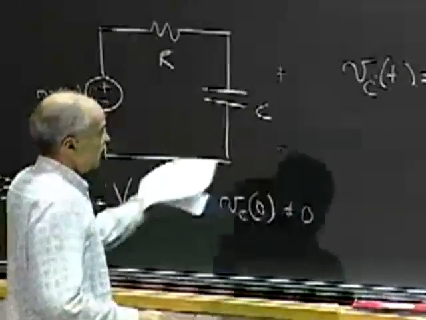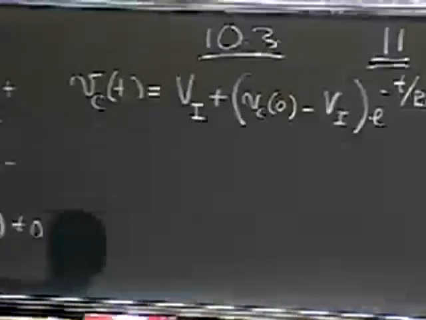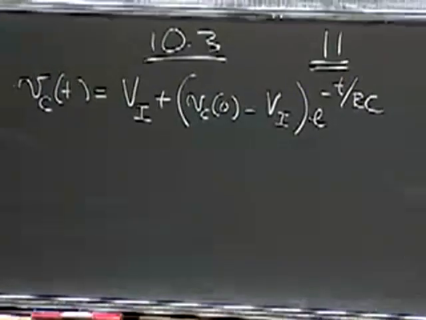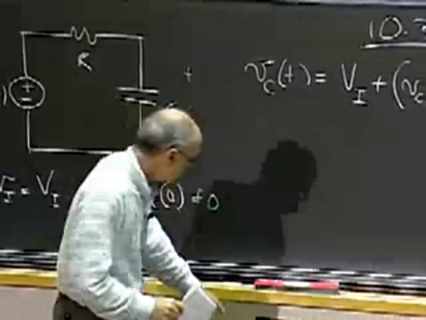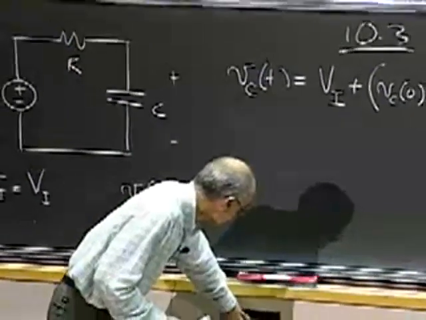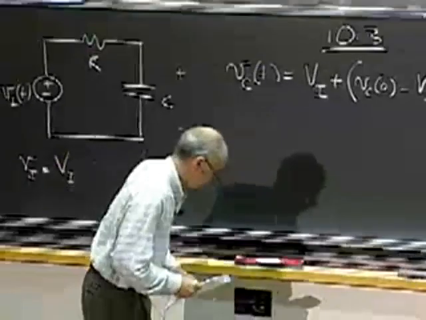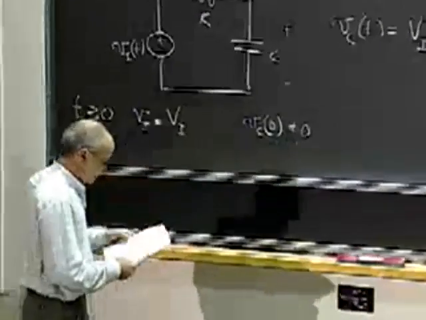So that's the general response of this network that I have here to an input VI that happens at t equals 0.